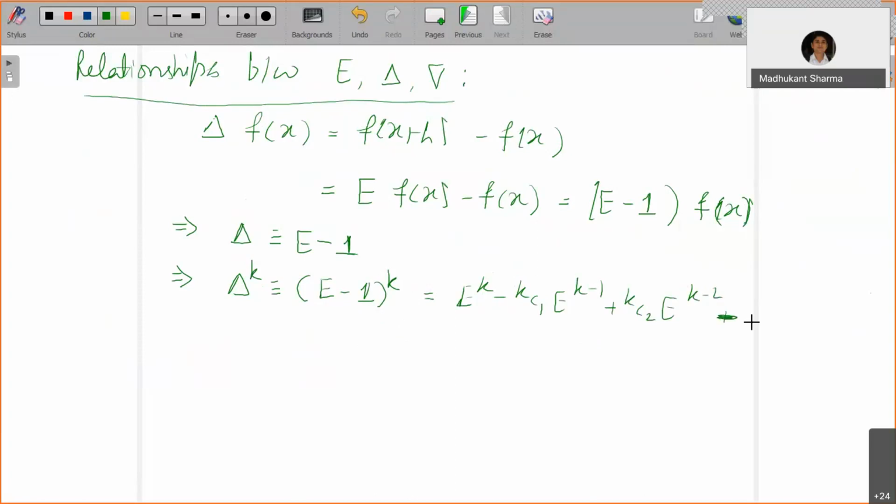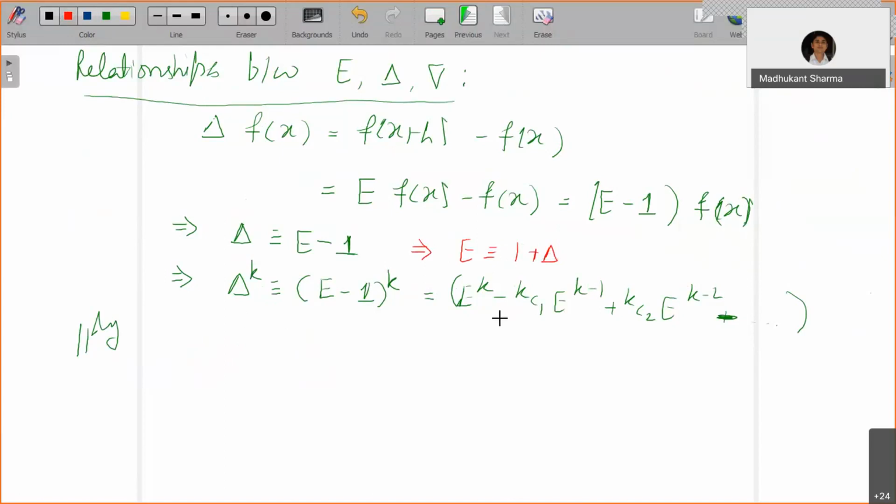Alternating plus and minus signs will be there, and you end with 1, right? So if you apply E power k to f of x, it is f of x plus kh; E power k minus 1 applied to f of x is f of x plus (k minus 1)h, and so on. Okay, right. Similarly, you can define the relationship between the backward difference operator and the shifting operator. And from here you can also note that E is equal to the identity plus delta, that is, 1 plus delta.